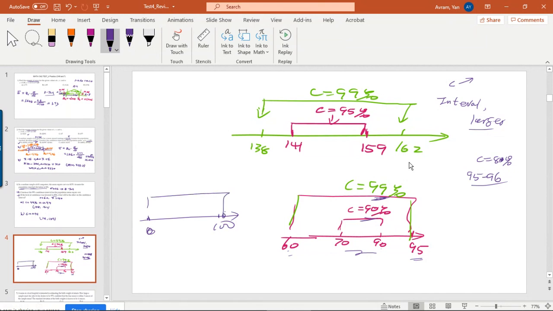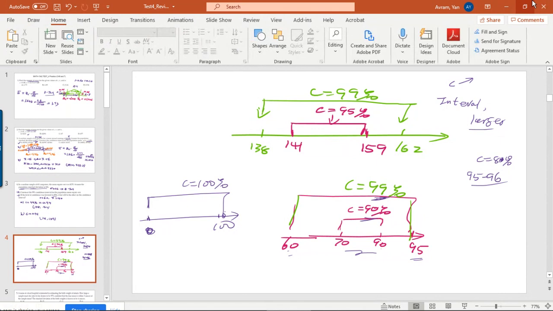Well, we never give anyone a penalty. Even on a multiple choice test, we didn't give anyone a penalty. So your lowest test score is going to be 0, right? And your highest test score will be 100. So that means I'm 100% confident that the test score will be between 0 and 100, because that's all the range we have, right? So my confidence level is very high.